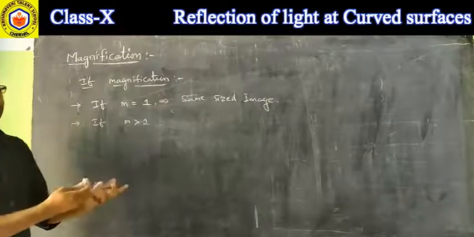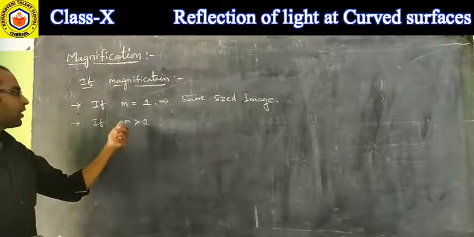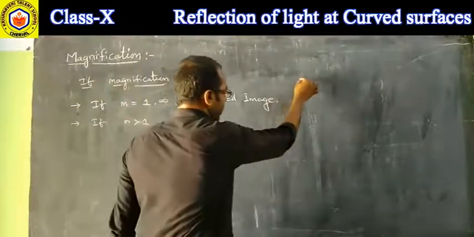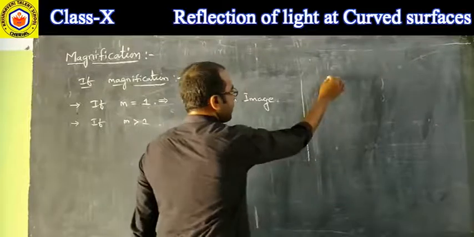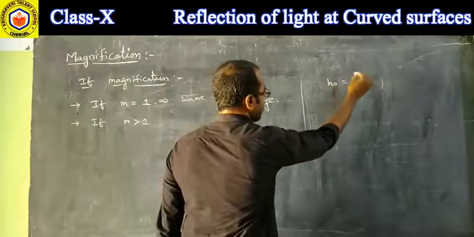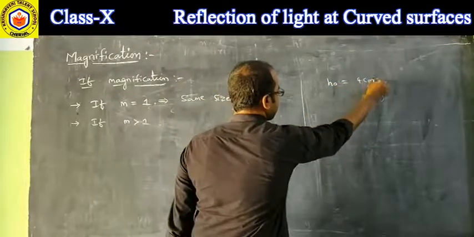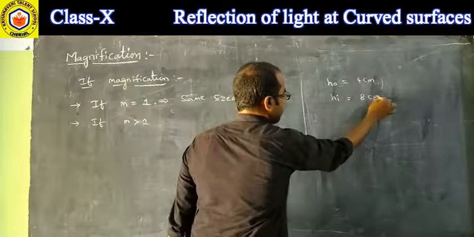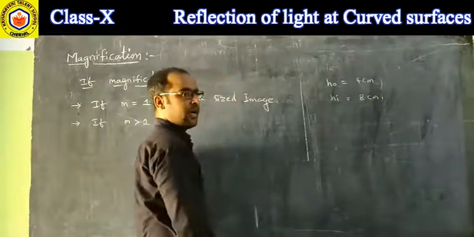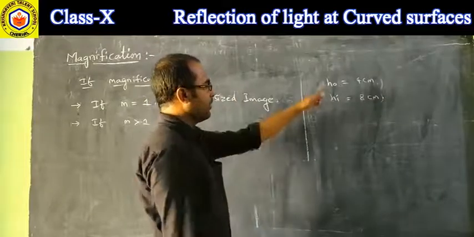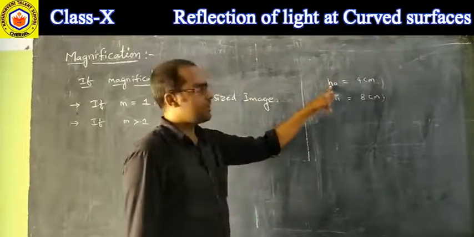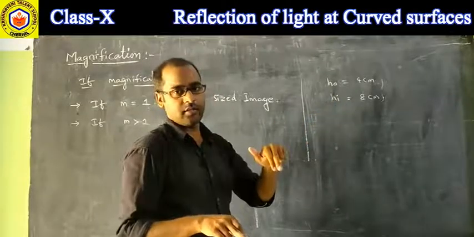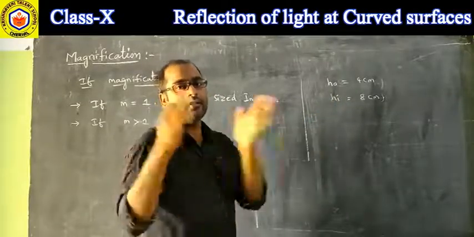Next, what in case when the magnification is greater than 1? Let us see that. I'll give another situation: height of the object is 4 centimeters and height of the image is 8 centimeters, which means an enlarged image, as image height is more.